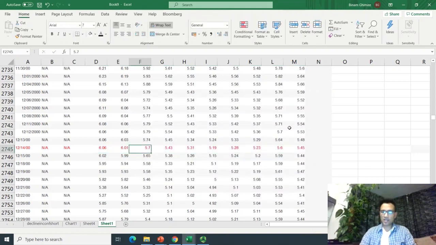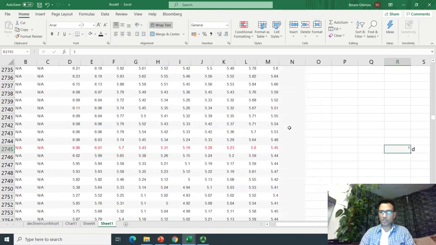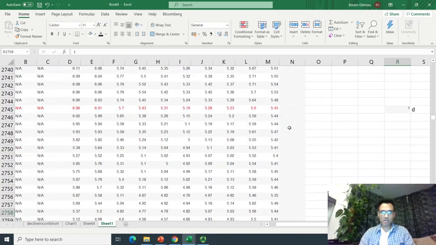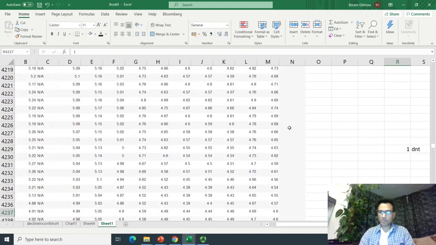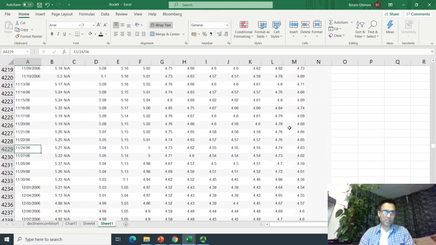So let's see another example which we are all very familiar with, because it is related to the last financial crisis. The financial crisis took place in 2007-8, and I am going to make this yield curve with the help of the data related to the period toward the end of 2006.